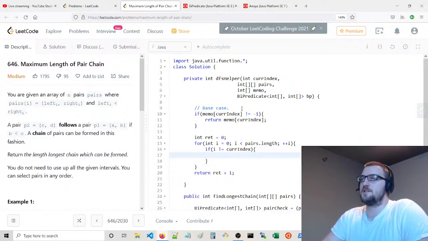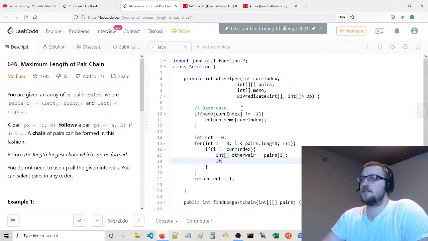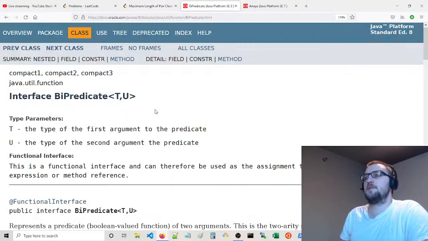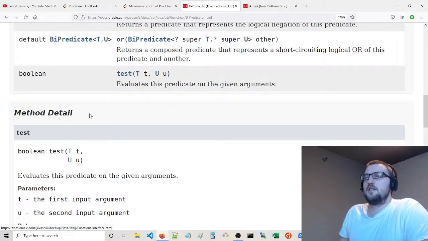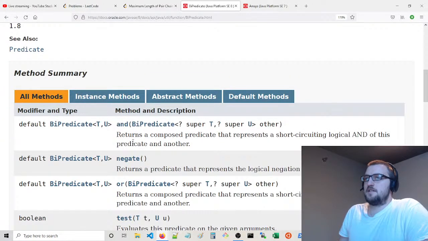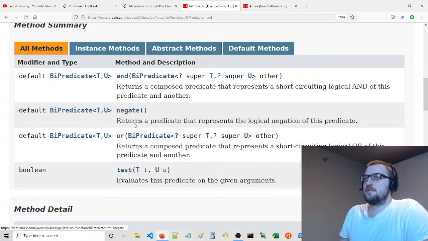Then we'll say int other pair, it's going to be pairs of I. If BP, no, it's BP dot call, I think, is what the interface has for the predicate. Test. Okay, we use test. There's a few, and or negate, default. Interesting. Test is what we want.